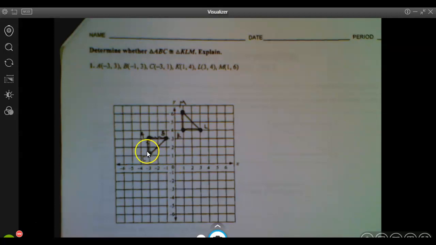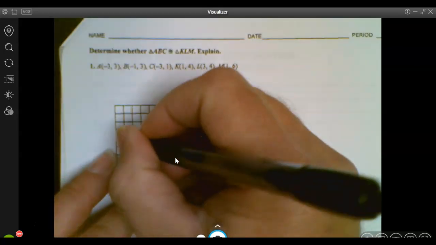How can I tell that these three lengths are congruent to these three lengths? Well, a couple of things. I can count these guys. From A to C is 2 units. From A to B is 2 units. I can also count these here: 2 units and 2 units. If it is a vertical or horizontal line, it's really easy to just count.